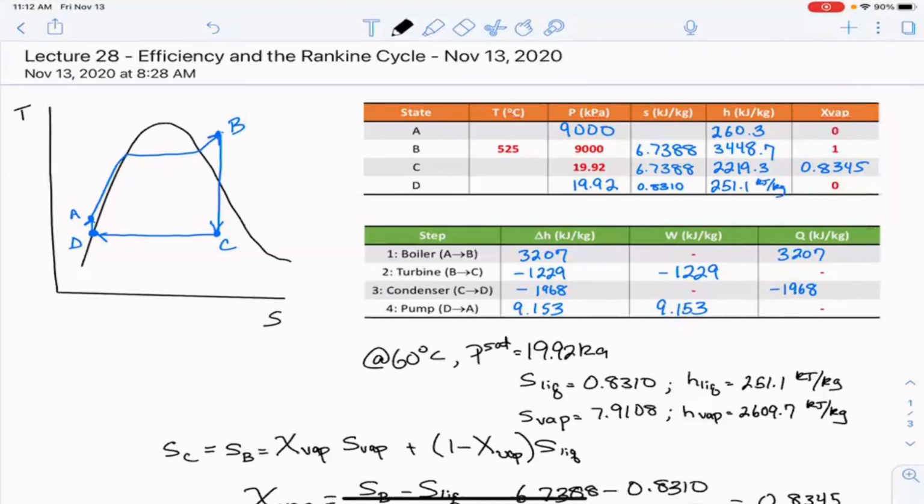Now, this again is a pretty idealized version of the Rankine cycle, because we assumed that steps 2, the turbine step, and step 4, the pumping step, were all done isentropically. They're adiabatic and reversible.